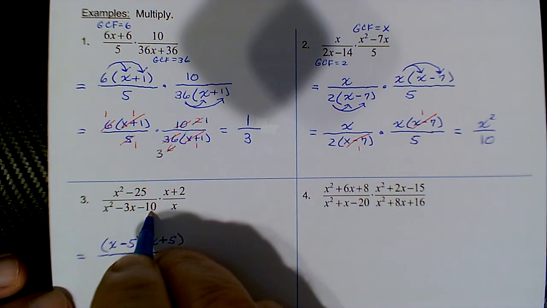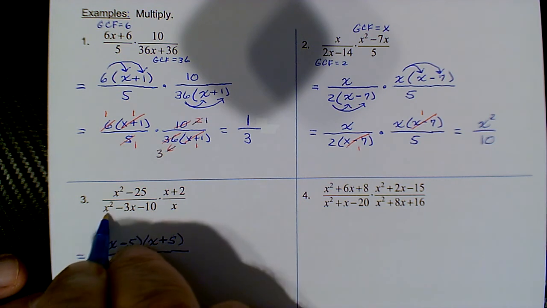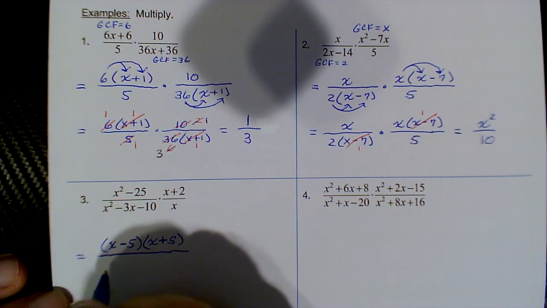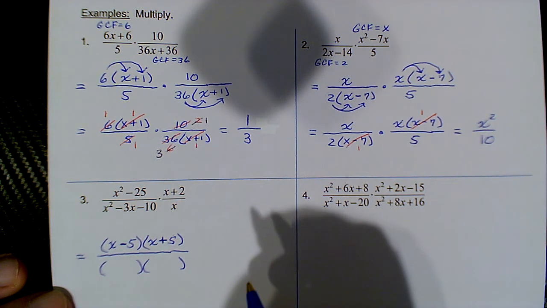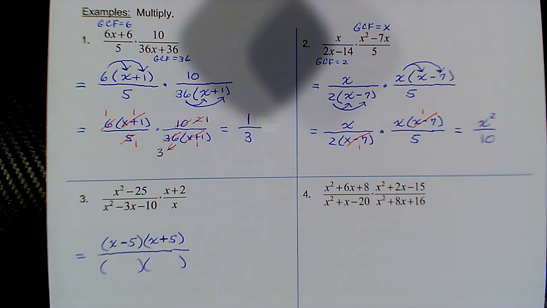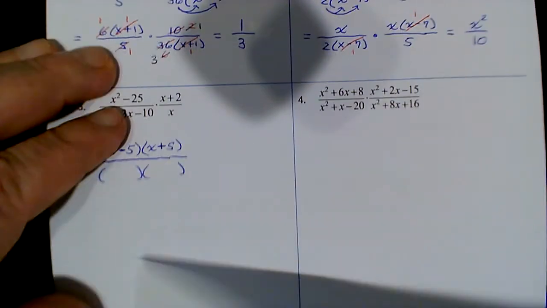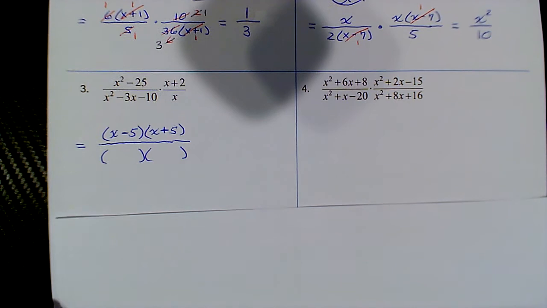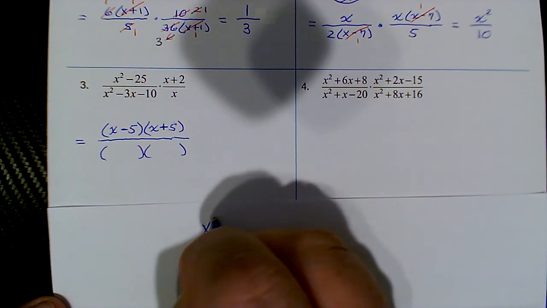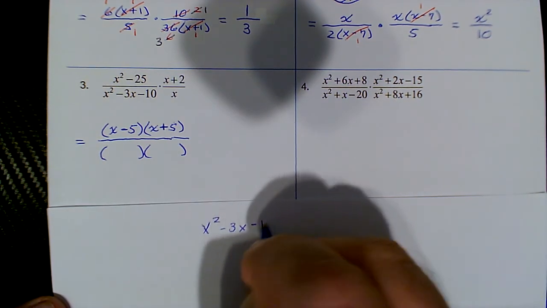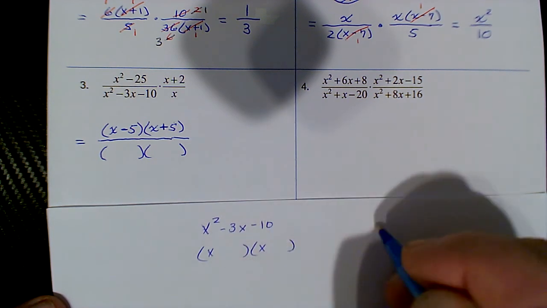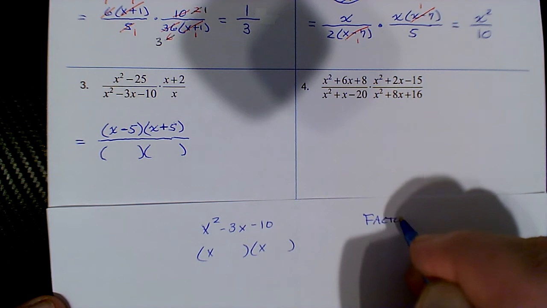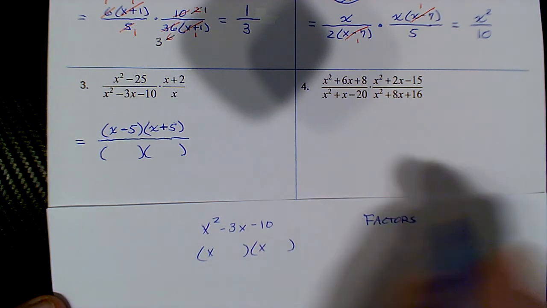Similarly, the denominator is a quadratic trinomial. So it's a squared term, linear term, and a constant term. And we know it came from the product of two binomials. And maybe instead of cluttering up the work here, I'm just going to go to some scrap paper. If I want to factor x squared minus 3x minus 10, we'd set it up with the x and the x, and then we could use the factor method, only because the leading coefficient is 1.